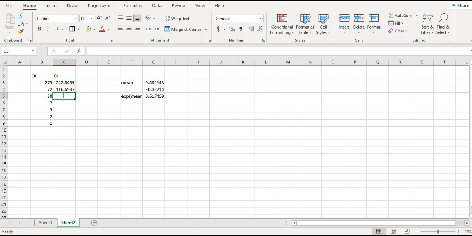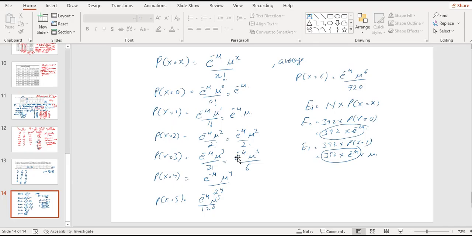So to calculate the next term, I need to multiply the previous term with mu. Now to calculate E2, what is E2? 392 into probability x equal to 2, means I need to multiply it with e raised to power minus mu into mu square by 2.